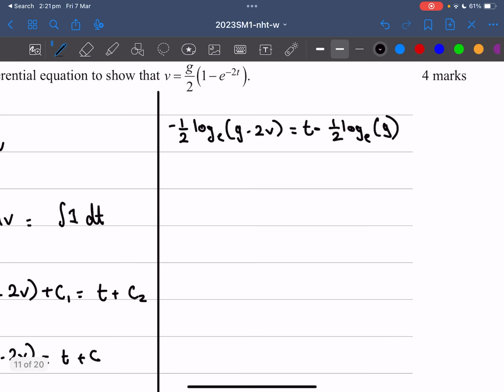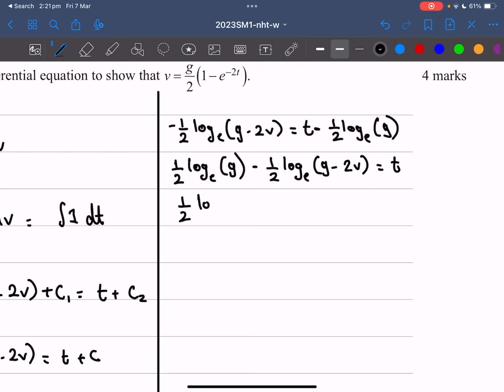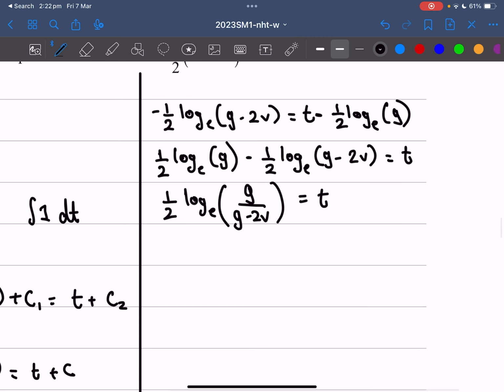All right, so finally we'll have half log base e of g, take away half the whole thing over here, so g minus 2v is equal to t. So we'll have half log of g divided by g minus 2v, just log here, okay? And that is equal to t.